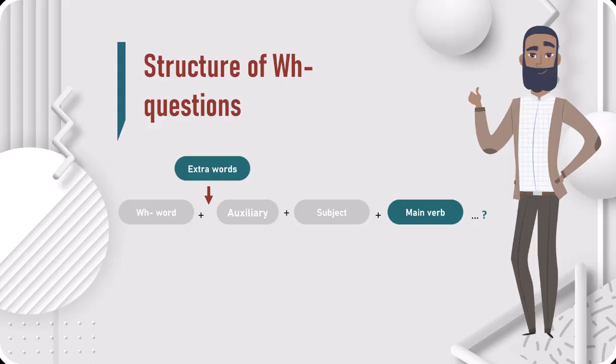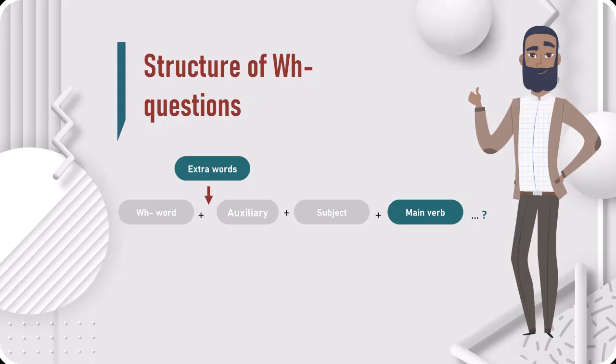But take care, if you see on the screen, there are two boxes that are in green color. That is to explain that just after the WH word, before the auxiliary, it is possible that we add something like extra information if there is need in the sentence. And also, the second box that is green is the main verb.